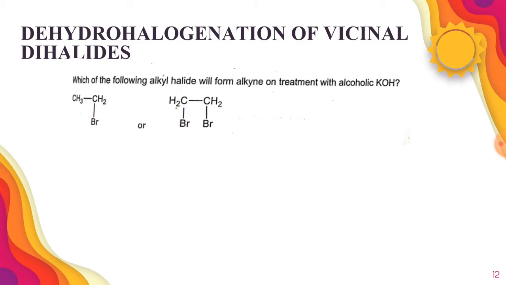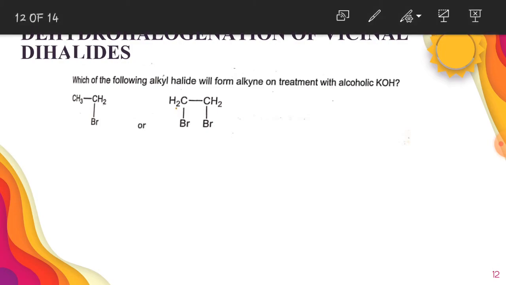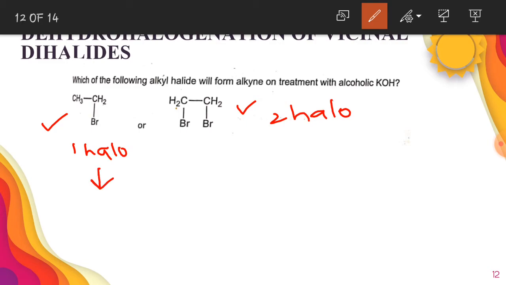Which of the following alkyl halides will form alkyne on treatment with alcoholic KOH? If you look at this compound, then only one halo group is attached. If you look at this compound, then two halo groups are attached here. We just learned that if we have an organic compound having one halo group, then that compound through this process will only produce alkene.